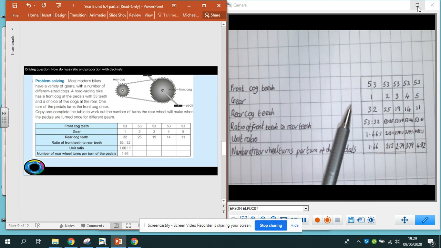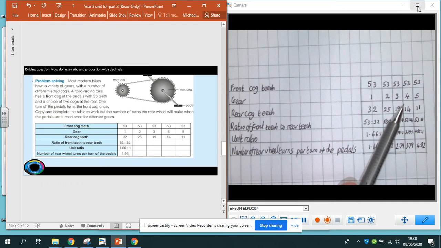The front cog never changes. The gear numbers, 1, 2, 3, 4 and 5, are just the numbers of the gears. They don't actually mean anything. There's no relationship between these numbers and these numbers. So the rear cog teeth are how many teeth are on each cog. And so far we haven't actually done any work. All we've done is write down information.